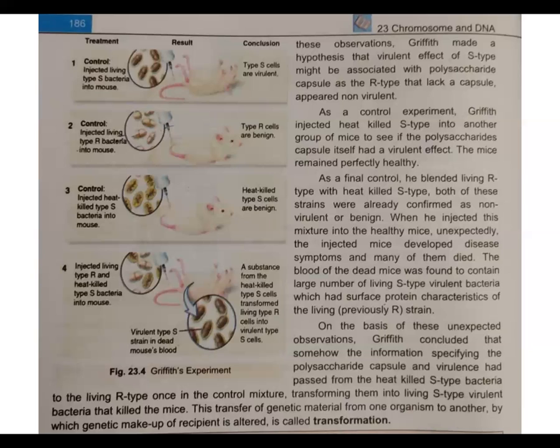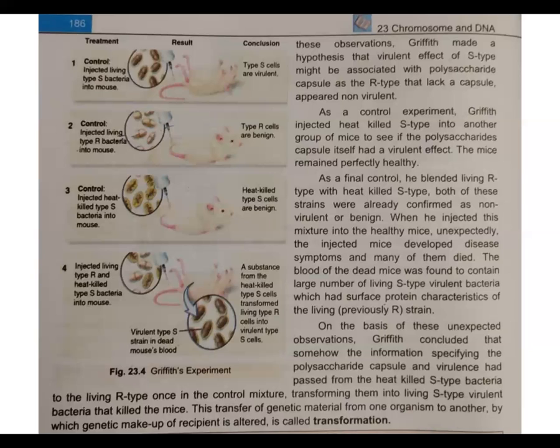But in the fourth experiment, he mixed the second and third experiments, injecting mice with a live R type and a heat killed S type. A substance from the heat killed S type must have been transformed, converting the R type into the virulent S type, which resulted in the death of the organism.